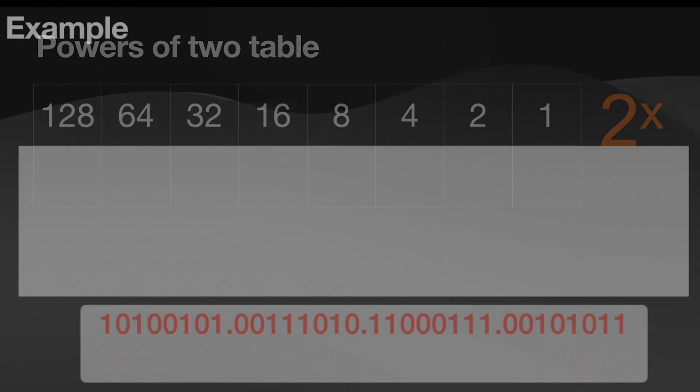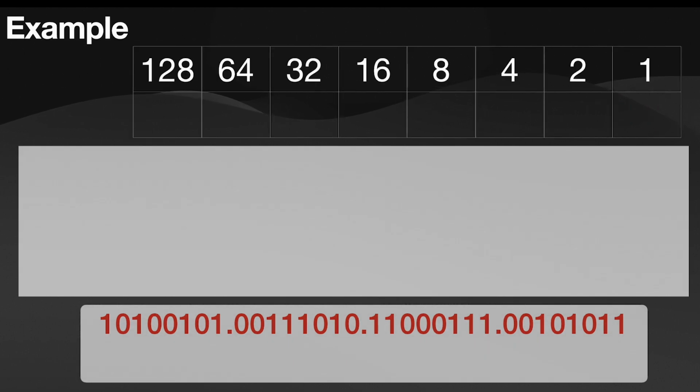So, using the powers of 2 table, we can actually convert this super long binary address to decimal, which is what you're used to seeing. So we're going to go over how to do that right now. As you see, we have little sections here, and we're going to take each of these octets at a time.